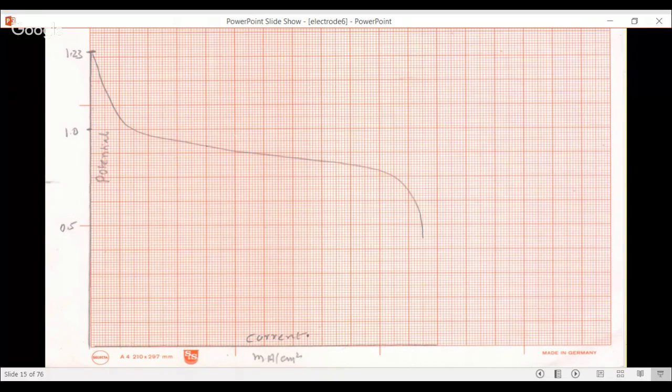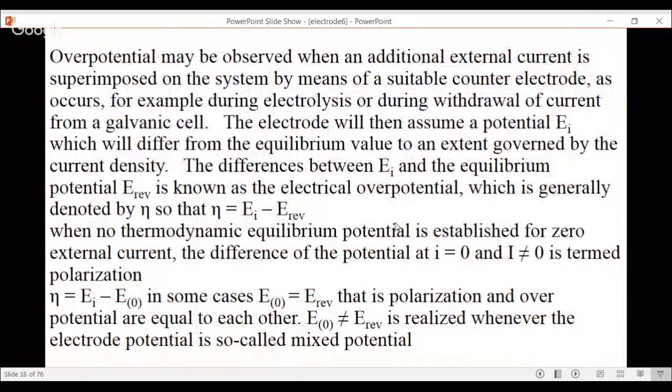But at very low currents, say assume that it is 0.1 milliamperes per square centimeter of current density, the potential already is nearly 0.9 or 1 volt. And this is called the activation overvoltage, and this region is called the concentration overvoltage, and the steep drop down is called the diffusion overvoltage. Okay, we will see all of them.